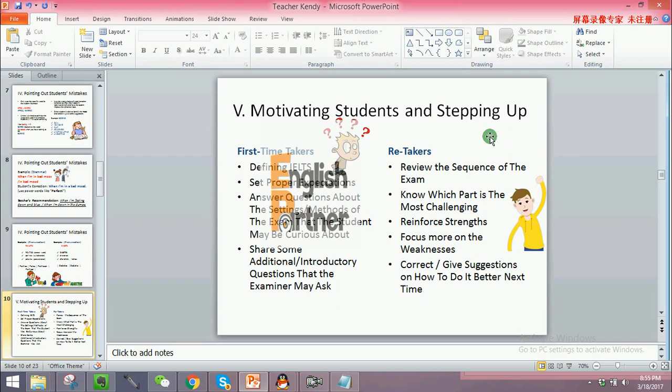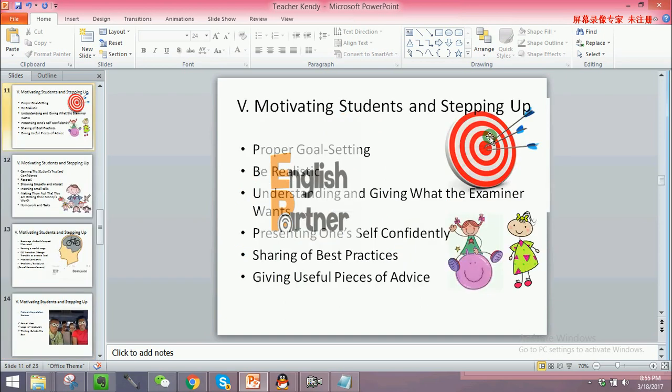So these now are the things that apply to all of my students. Proper goal setting. This is related to the IELTS band descriptor. And again, it is knowing what we are working for and what we should work on, and being realistic about what we need to display to the examiner on that day of the exam.